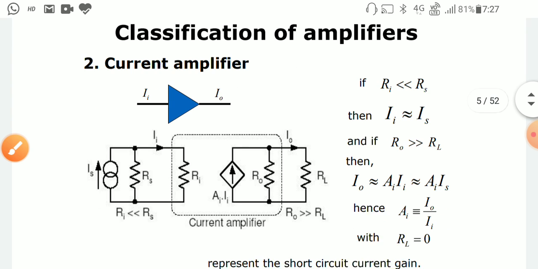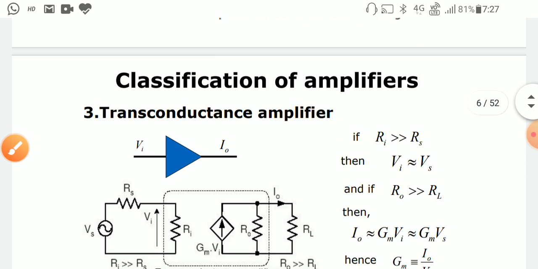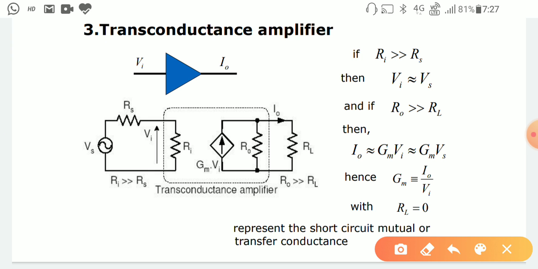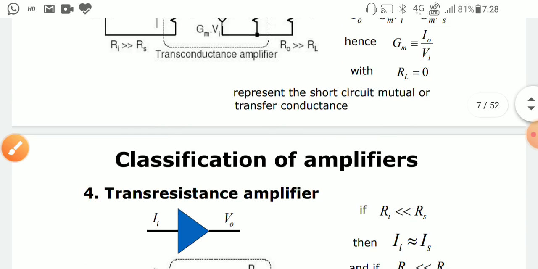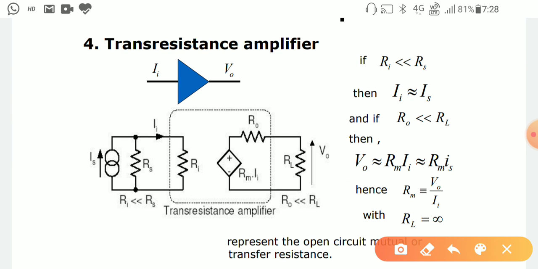The second one is the current amplifier, where the current amplification factor is defined as I0 by Ii. Another term is the transconductance amplifier, where the amplification factor is defined as Gm, and this is equal to I0 by Vi. And the last one is the transresistance amplifier, and the representation will be defined as Rm, which is equal to V0 by Ii.